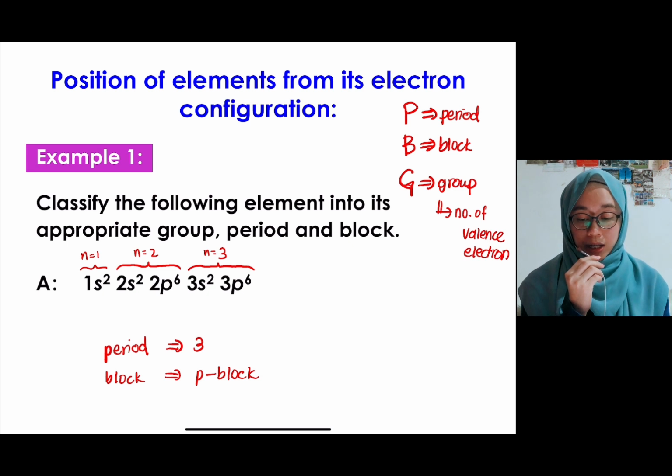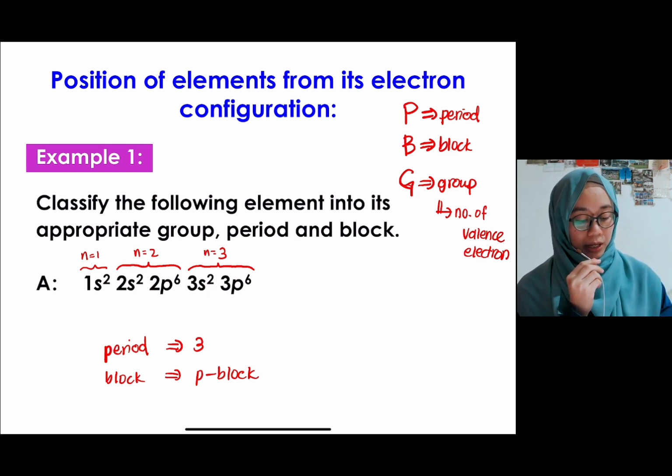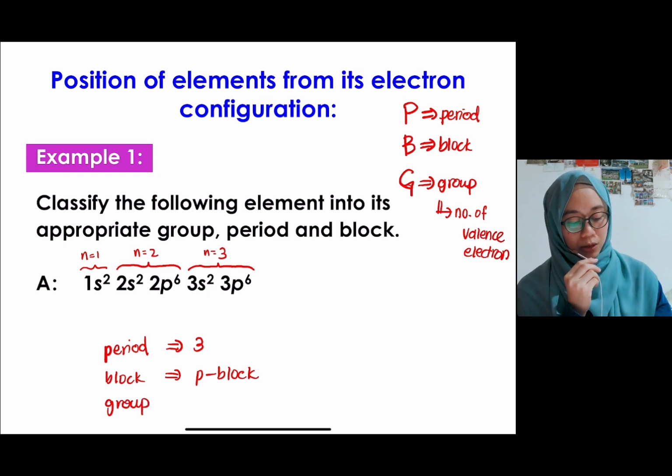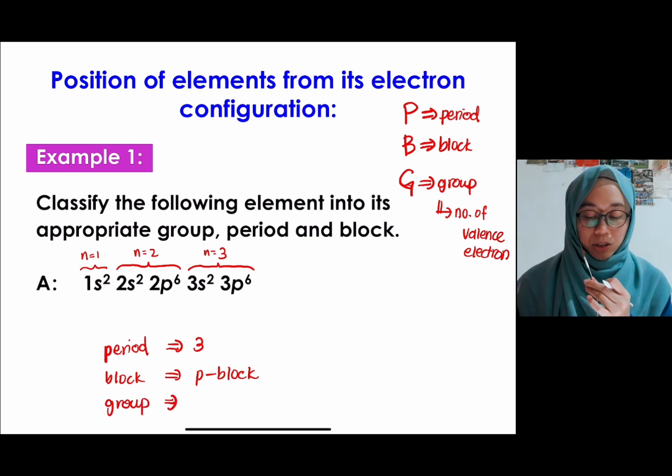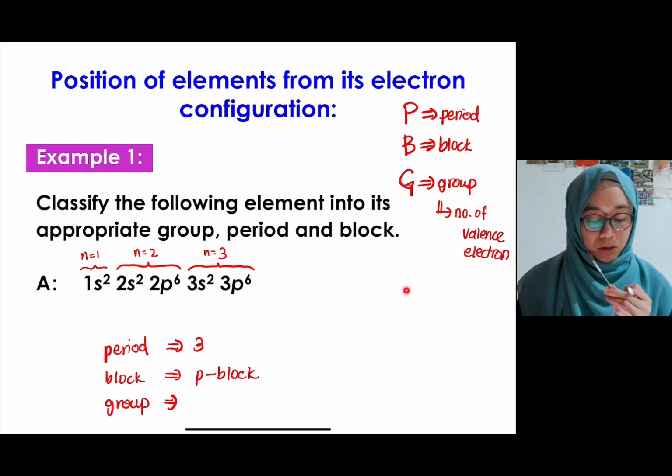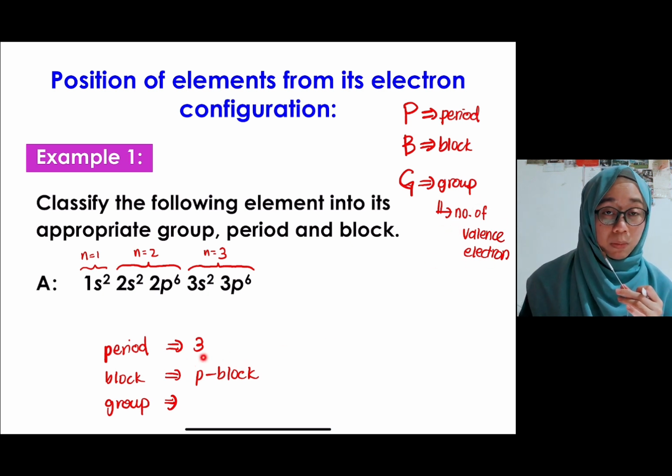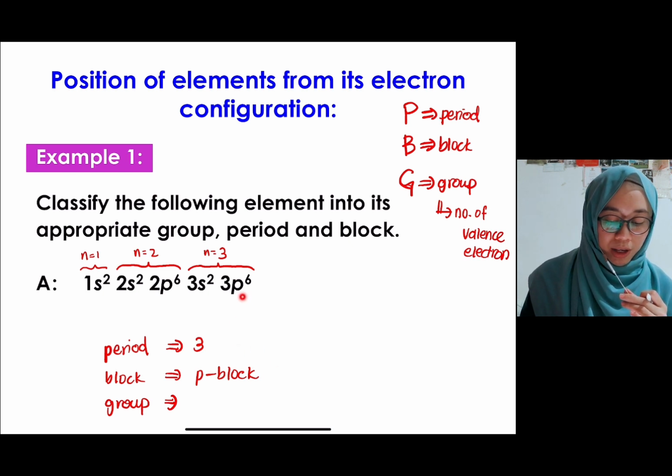Okay, and then kita tengok pula kepada group. So group pula macam Miss cakap tadi, in order for you to determine the group, you need to know the number of valence electron. Okay, so bear in mind this is p block. So p block bermaksud dia punya valence electronic configuration adalah 3s2 3p6.